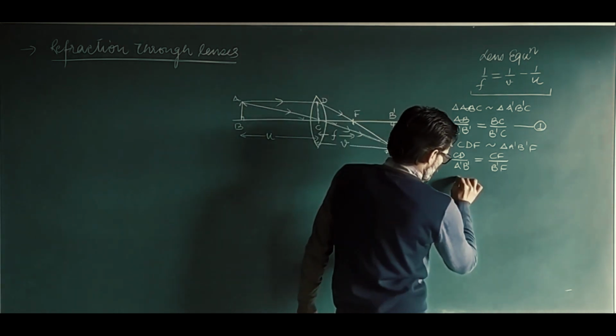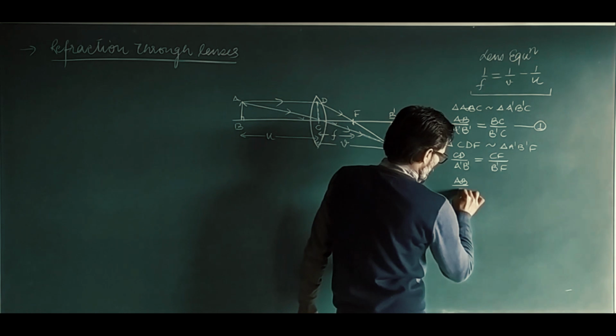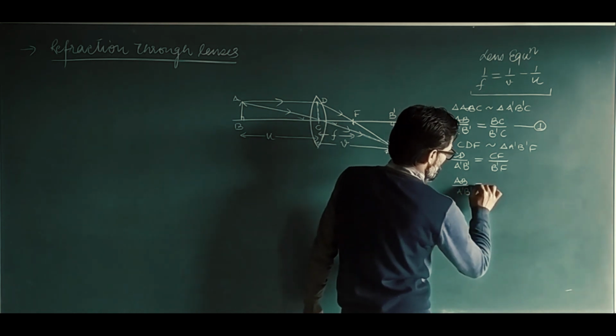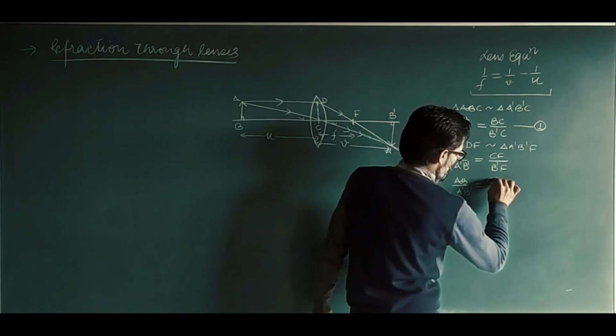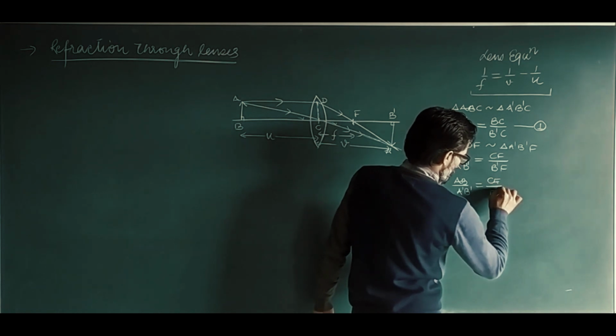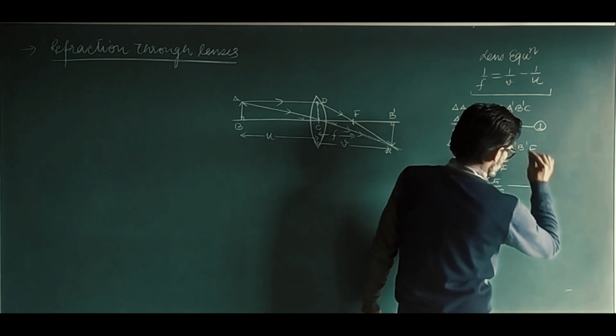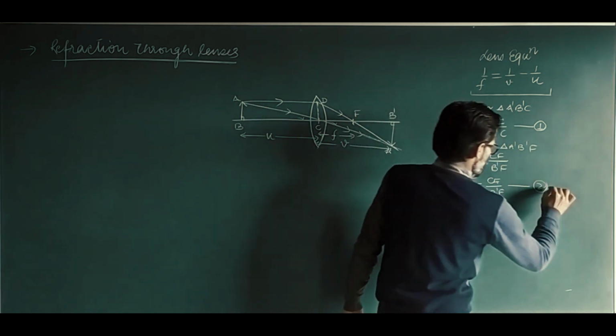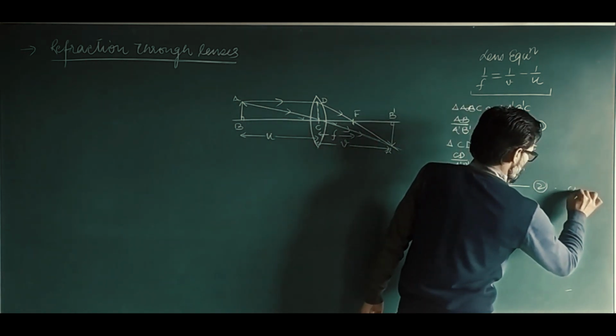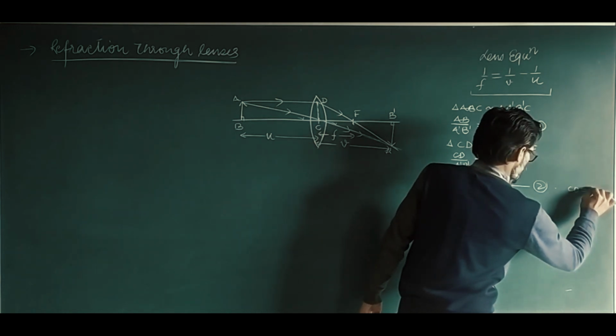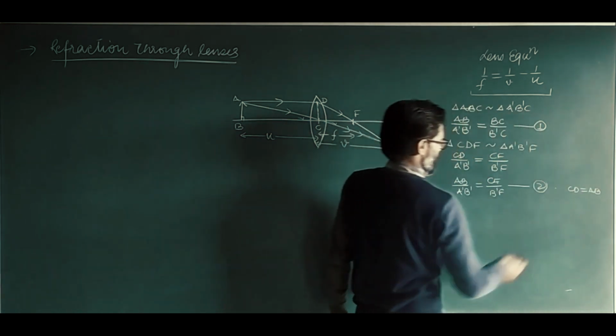So AB upon A dash B dash equals CF upon B dash F. This is equation number 2. The substitution here is CD equals AB.